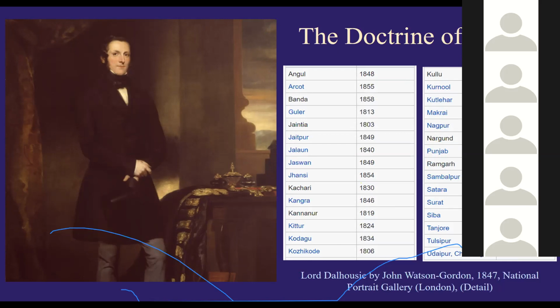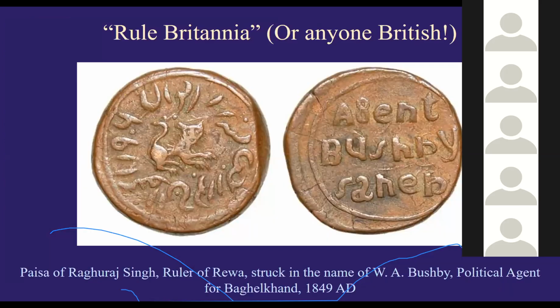And one of the first persons to do that was Maharaja Raghuraj Singh of Rewa. And this is again a very fascinating example of what happens when there is a particularly eager beaver looking towards cozying up to the British in a political sense.